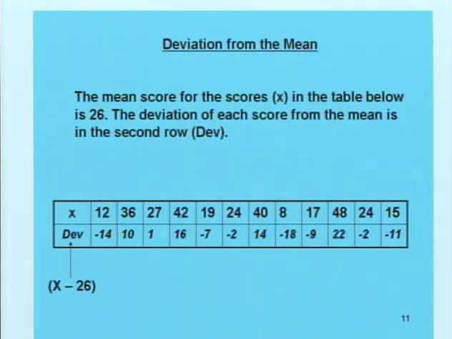The deviation is calculated as X minus 26. Each score in the first row has 26 subtracted from it. So the first one, 12 minus 26, will give us minus 14. 36 minus 26 will give us 10. 27 minus 26 will give us 1, and so on.